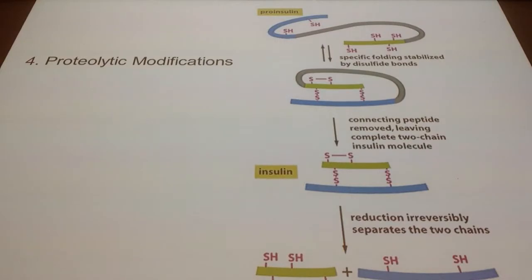So in order to activate this protein, translational modification or processing has to occur. In this case, the modification is the removal of this middle piece, this gray piece right here. So then there's an enzyme called a protease, not a proteasome. A proteasome is a whole complex.